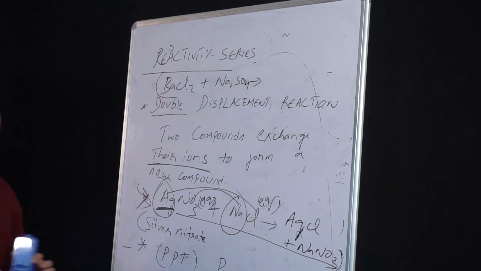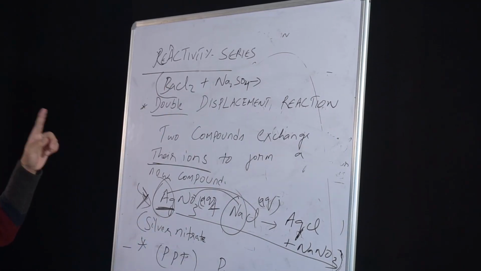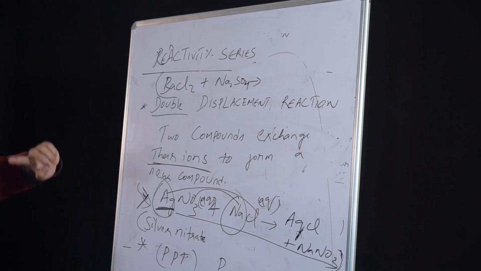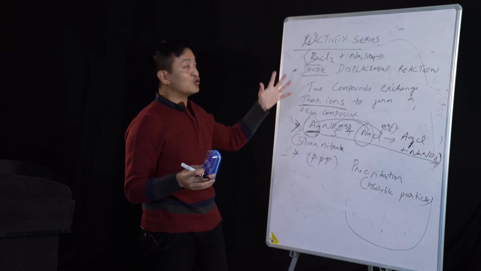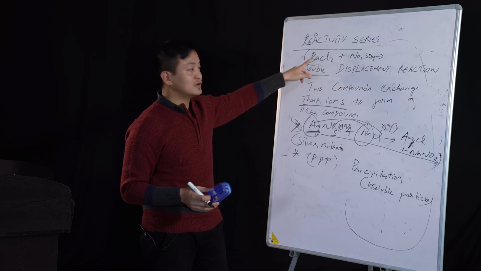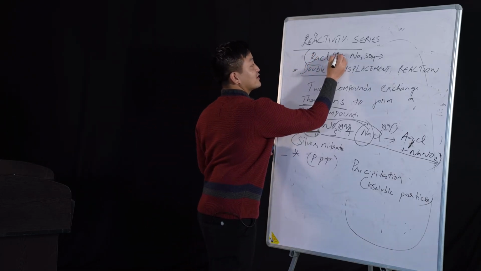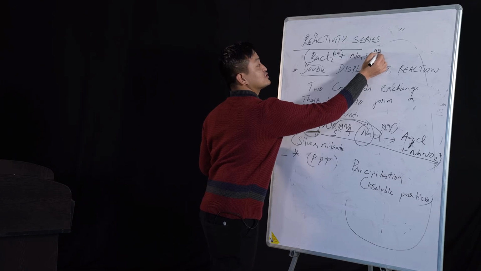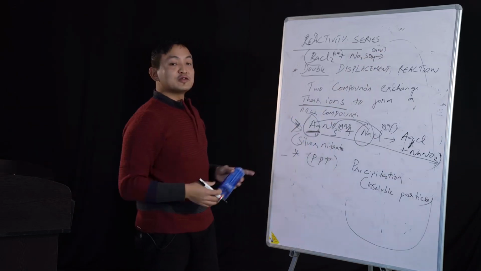You can also write it down: barium chloride, BaCl2, and sodium sulfate, Na2SO4. What will be the result for this reaction? From here you know that there are two compounds, and both, as I have said, will be in aqueous solution. That means they are in liquid form.